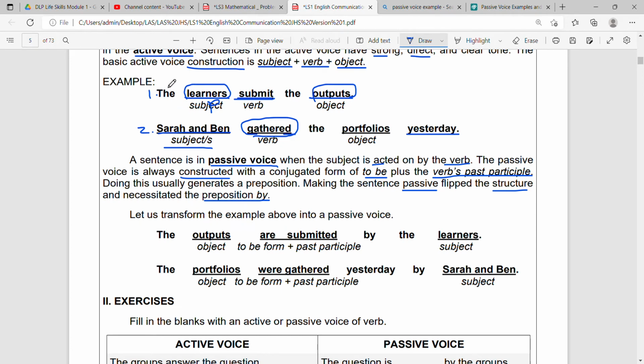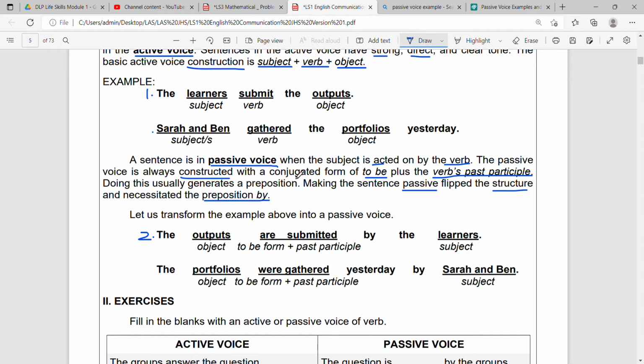So, these ones are the example above of active voice. We are going to change these active voice sentences into passive ones. Okay? Now, how are we going to do that? So, for sentence number 1, active voice, this one is sentence number 2 in the passive form.